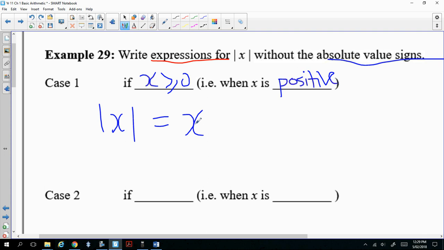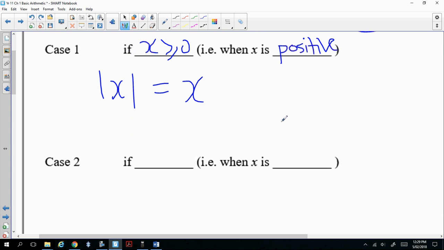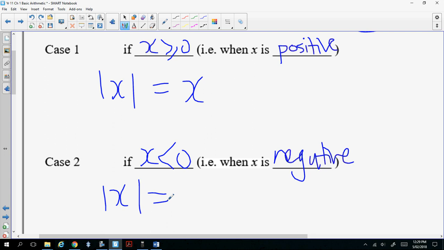Case 2, what if x is negative? Well, if it's negative, you just write absolute value x is negative x. That's it. So it's pretty easy. So basically, you can summarize this into here.